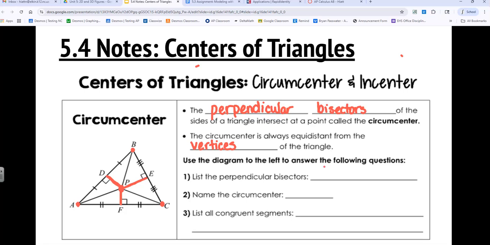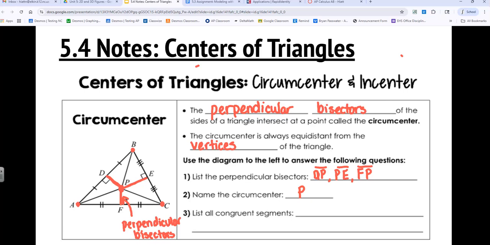So if we list them, it would be DP, EP, and FP. Those are our perpendicular bisectors. The circumcenter for this would be P.